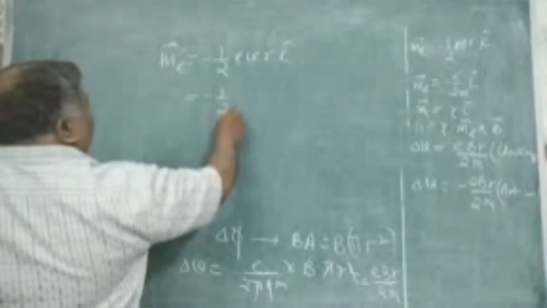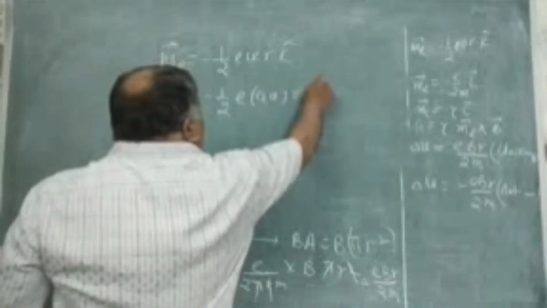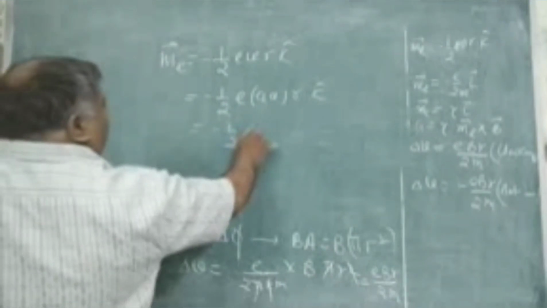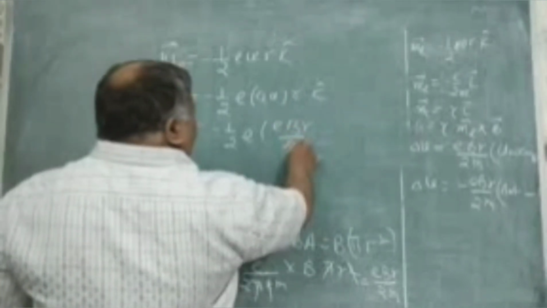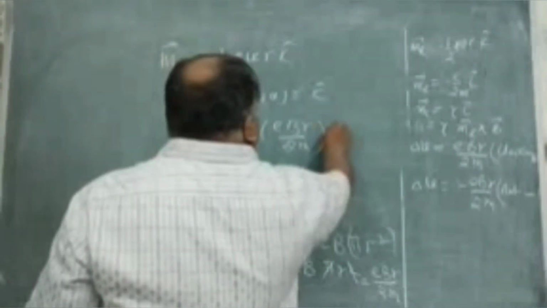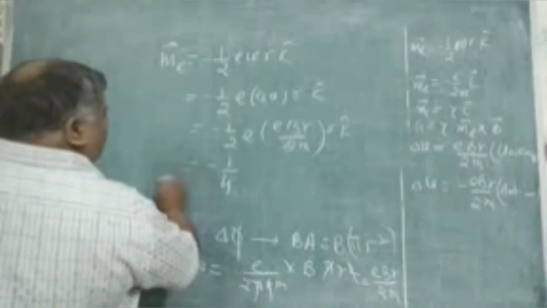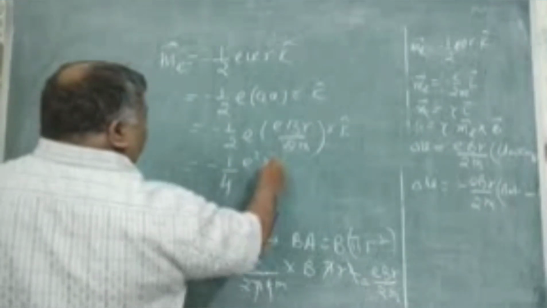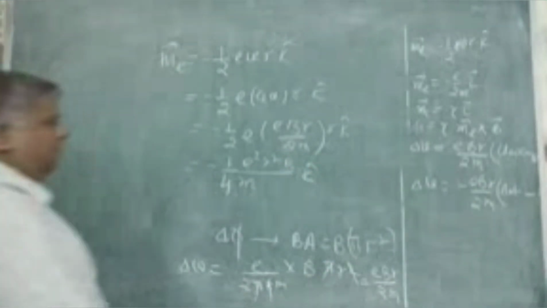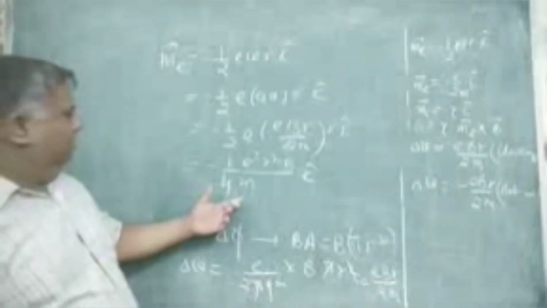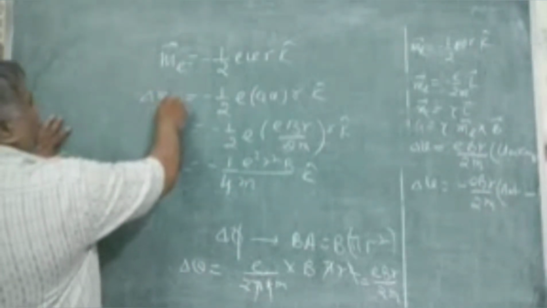This is half e delta V r k cap equal to minus half e delta V, which is eBr over 2m, where m is the electronic mass, r k cap, which is minus 1 upon 4 e square r square B. This is the change in energy.